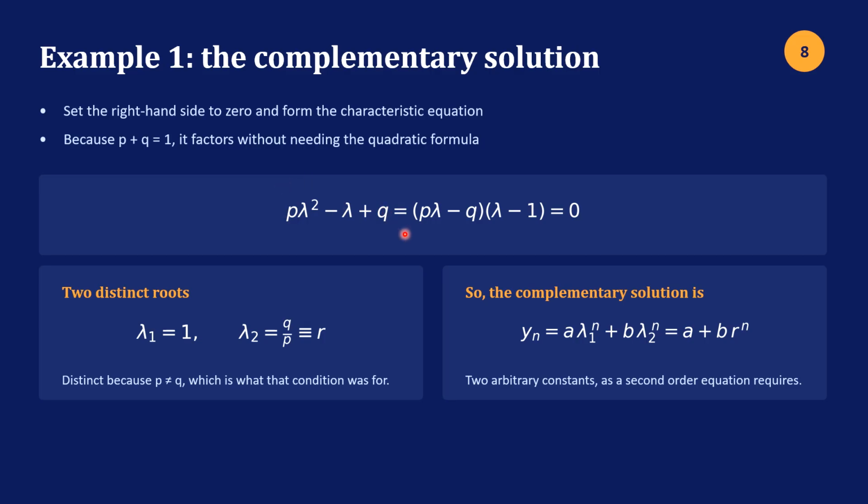And we can factor that like we have here. So one root is 1, and the other root is q divided by p, which we'll call r. One of our conditions was p does not equal q, so this is not equal to 1, which means r is not equal to 1, and we have two distinct solutions.